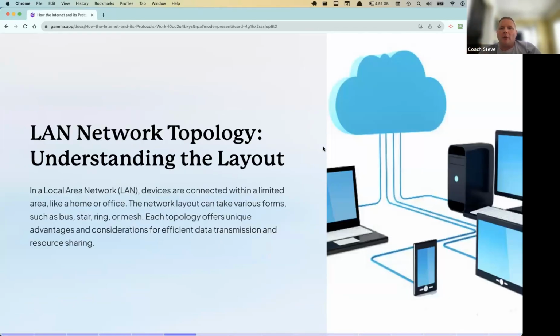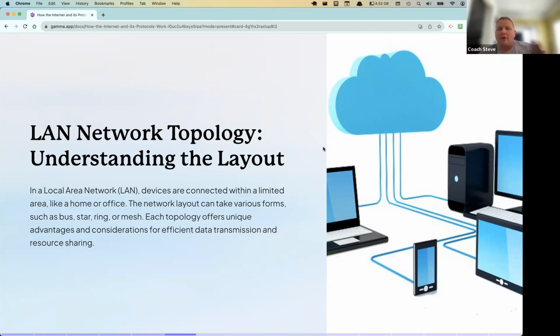So now we get into more complex networks, terms that you have probably heard. The first one is the LAN, the local area network. Think about it just like in your home, that's a LAN. If you work in an office, everybody has access to everybody's computers and the printers and the servers.